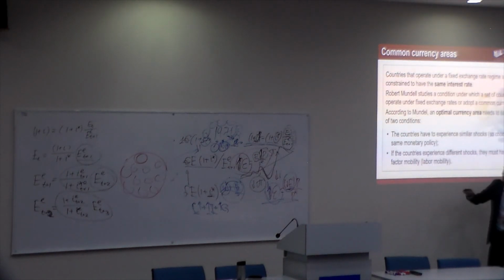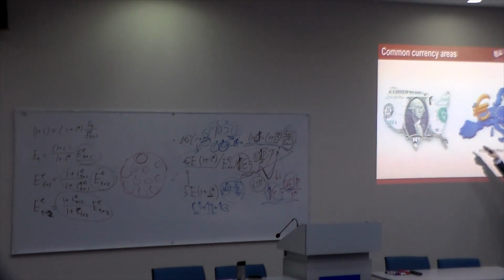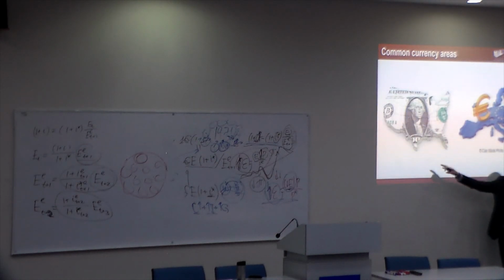Let's consider the United States and the Euro. Is the EU, the Euro area, a common currency area? Does it meet both of Mundell's conditions? It doesn't meet any of them. One condition is that they have to experience similar shocks. Do all of these members experience similar shocks? All of them are different.